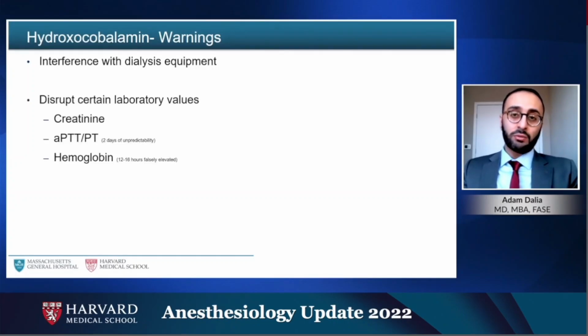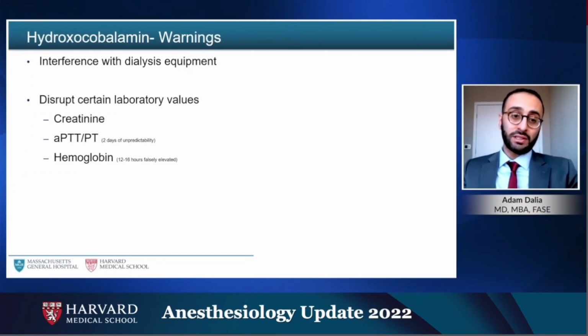That same theme with the light absorption and light changes is that it disrupts certain laboratory values that use light to calculate these laboratory values, like creatinine, PTT, PT, and hemoglobin. For the hemoglobin in particular, up to 12 to 16 hours of falsely elevated hemoglobin can be seen.